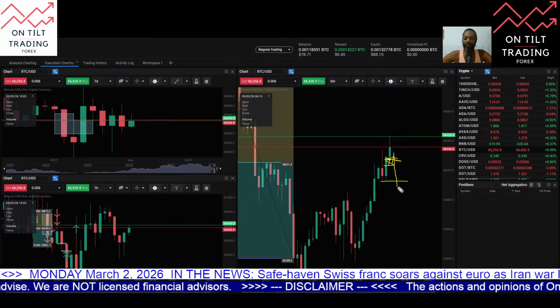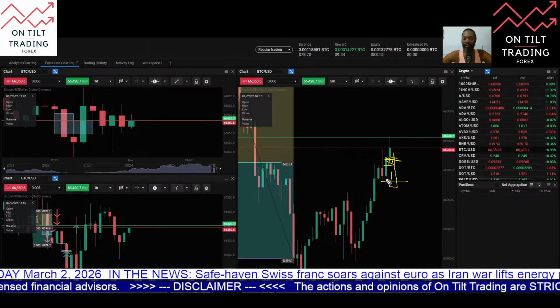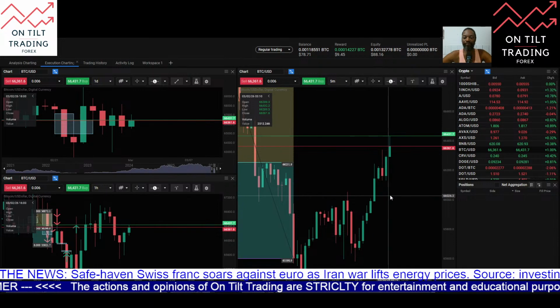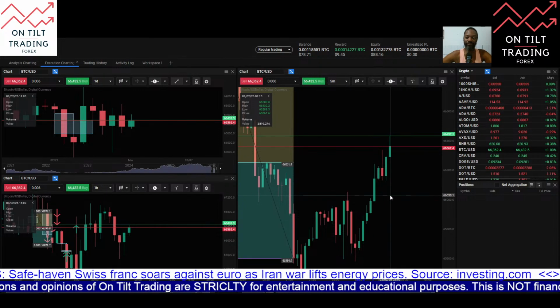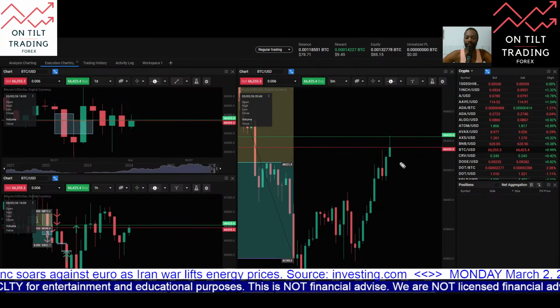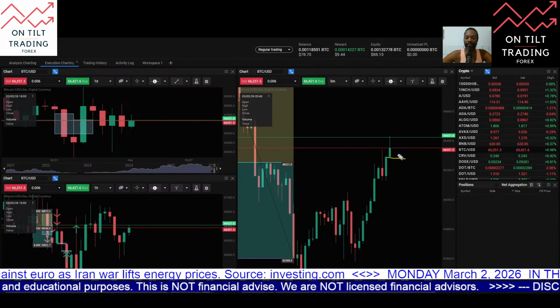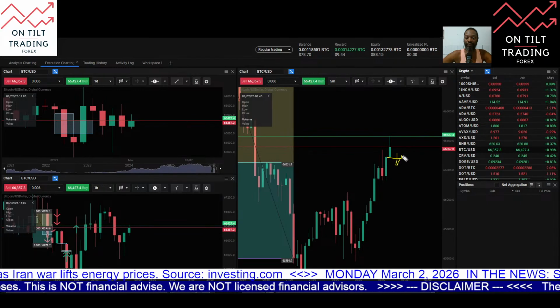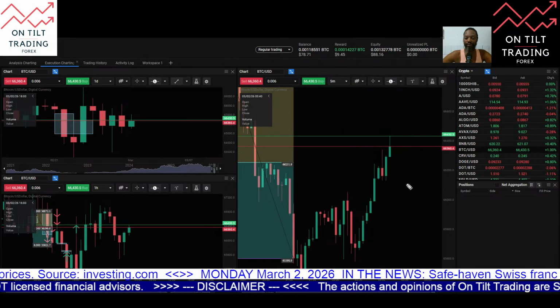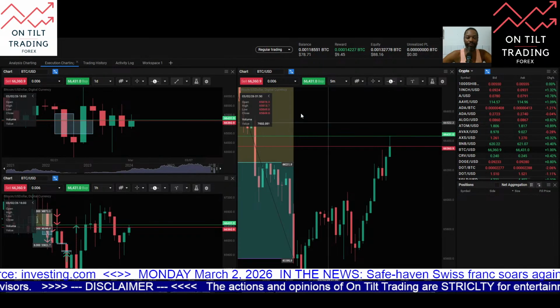So price can return to here, potentially put in a body candle close here. But this candle will need to close here, and then the following candle or following candles will need to do some similar price action.